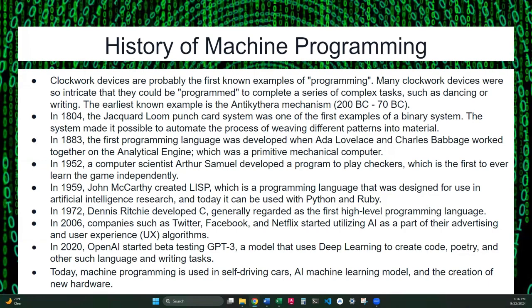And in 2020, OpenAI started beta testing GPT-3, a model that uses deep learning to create code, poetry, and other such language and writing tasks. Today, machine programming is used in self-driving cars, AI machine learning models, and the creation of new hardware.